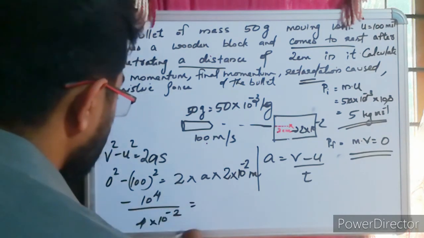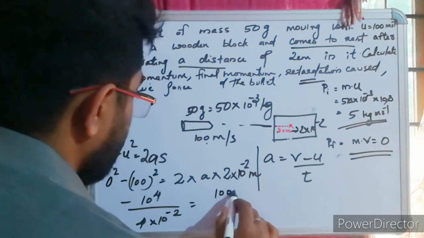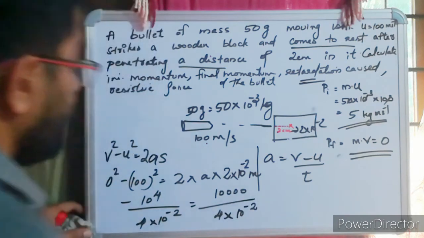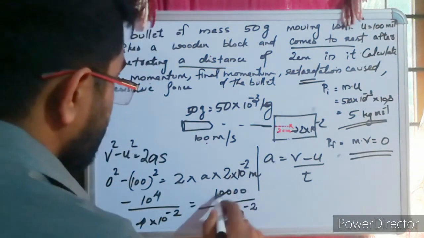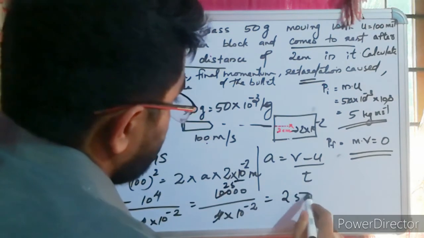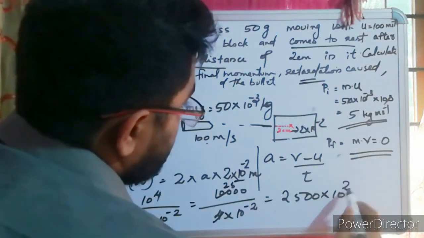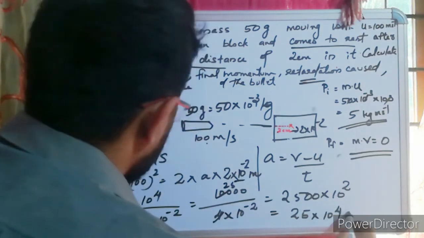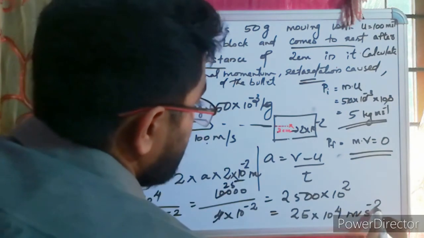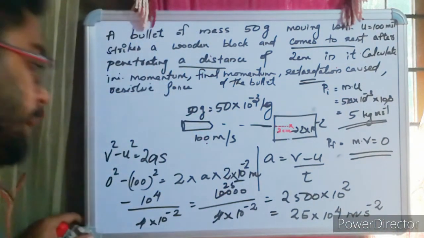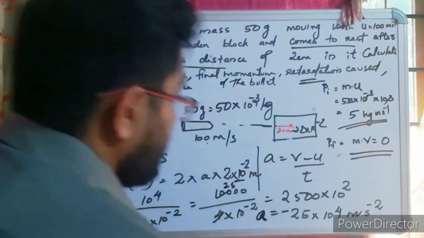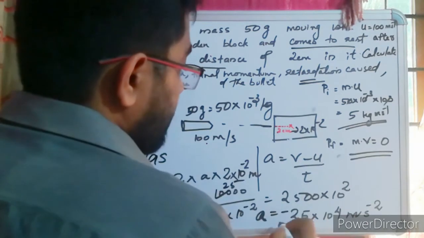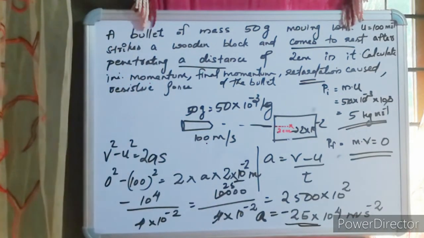So 4 into 25, you will get 2500 into 10 to the power 2, which is equal to 25 into 10 to the power 4 meter second raised to minus 2. So your a is equal to minus 25 into 10 to the power 4 meter second raised to minus 2, or retardation is equal to 25 into 10 to the power 4 meter second raised to minus 2.